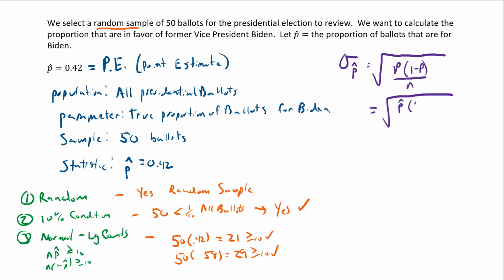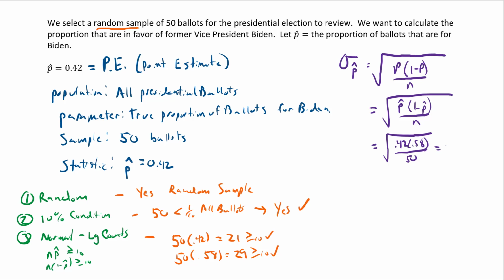So our p hat times 1 minus our p hat all over our sample size. So for this, that means it's going to give us a square root of 0.42 times 0.58 all over 50.